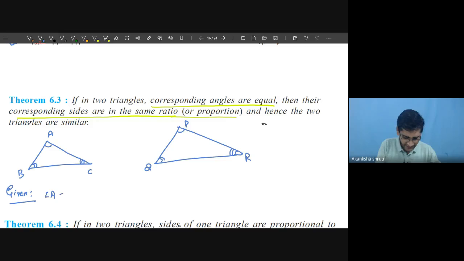Angle A equals angle P, angle B equals angle Q, angle C equals angle R. These are the given conditions.